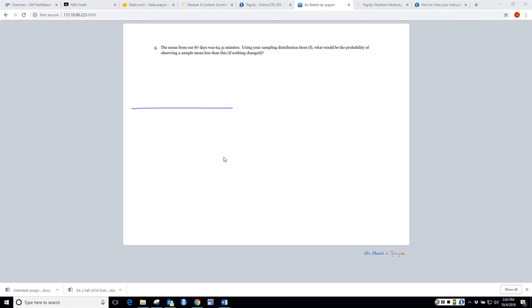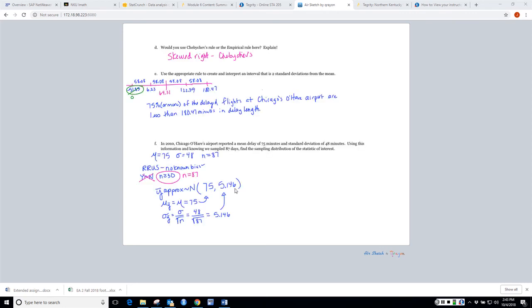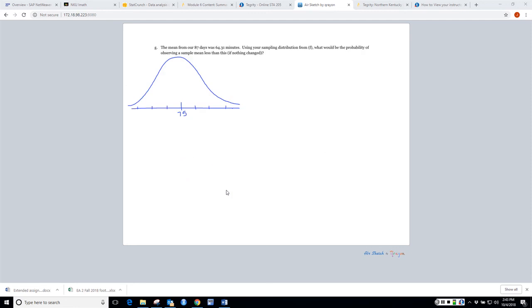So I'm going to start by drawing my picture here. We're going to be centered at that population mean of 75. And then when I draw my picture, I go up to 3 standard deviations away. My standard deviation that I'm using here is this 5.146, because we're trying to find the probability of a mean.